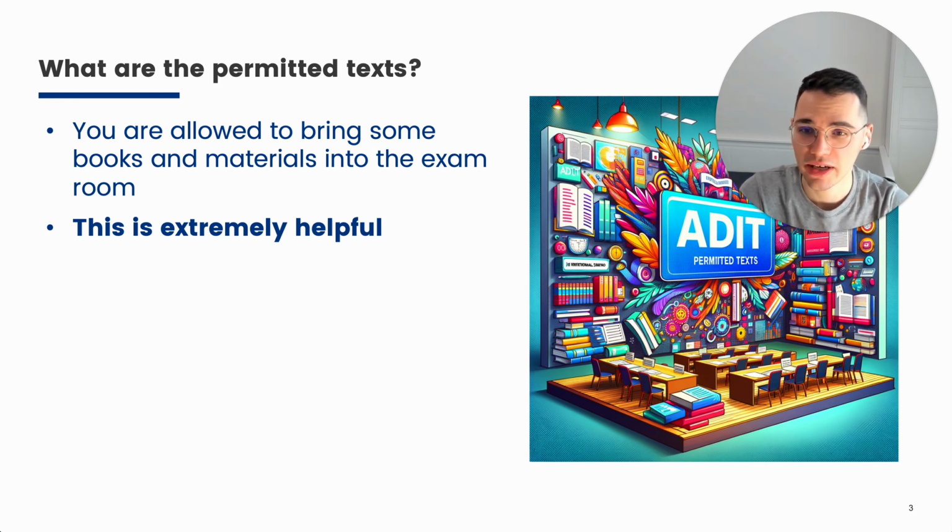This is extremely helpful because, to be honest, the vast majority of the answers to the ADIT exam questions are in those permitted texts. For example, the OECD guidelines, the transfer pricing book, which is in our hearts all the time. We need to remember it as transfer pricing professionals. It has most of the answers to any transfer pricing question.